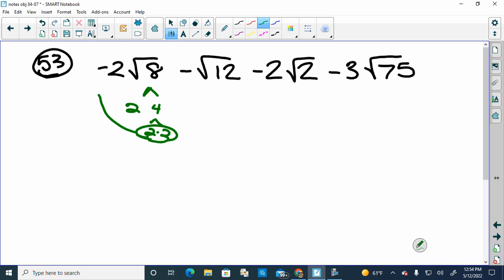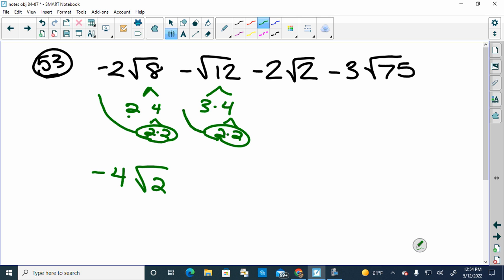So this is 2 times a negative 2, so it's going to be a negative 4 rad 2, because there was a 2 left over. Okay, 12, 3 and 4, 2 and 2, 2 comes out, so I have a negative 2 rad 3.